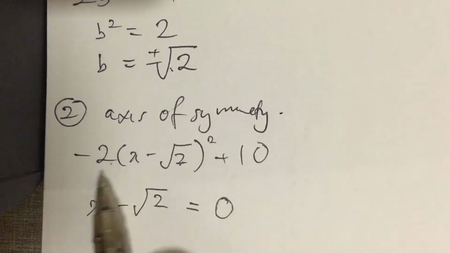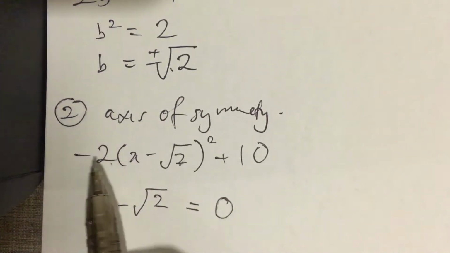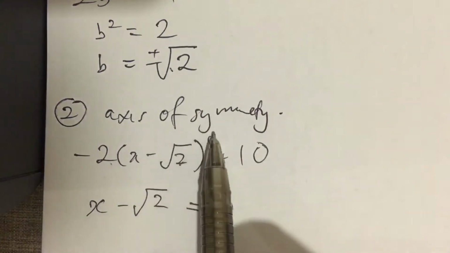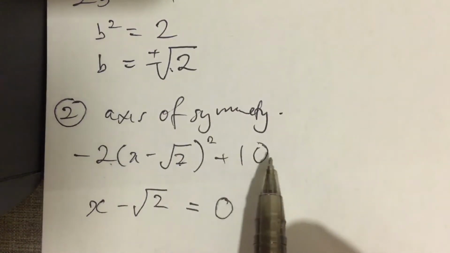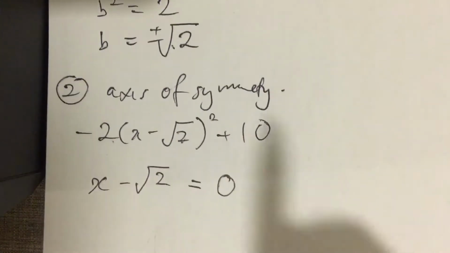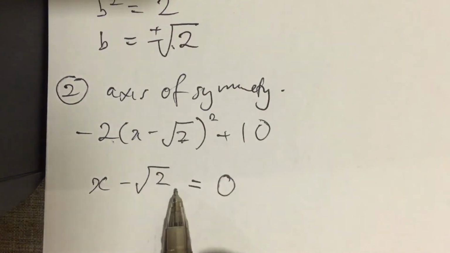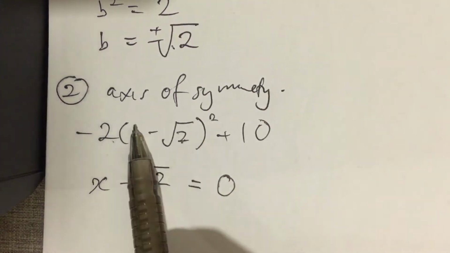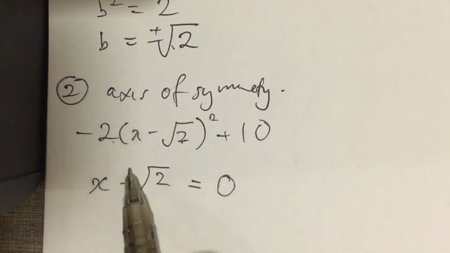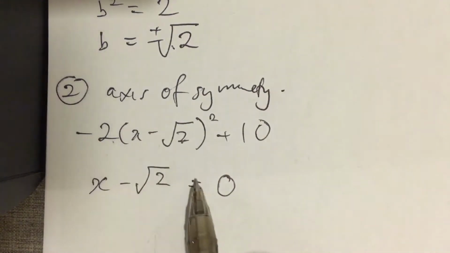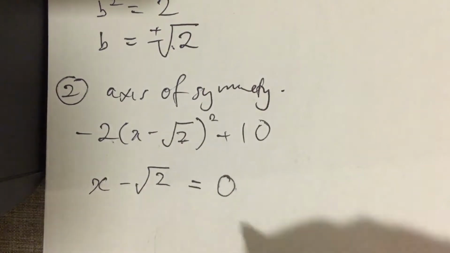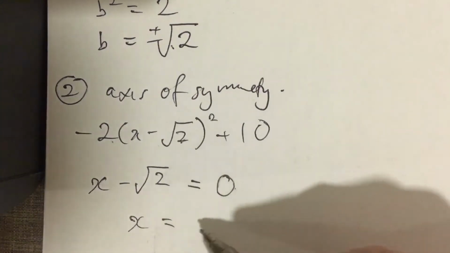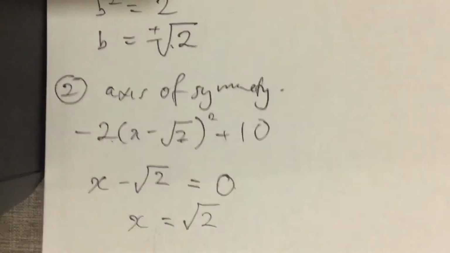When they give you this kind of quadratic function, they put -2, then a bracket, then they square it, then they add the c, which is the number 10 here. All you need to do is take the thing within the squared bracket, take it out like this, and equate it to 0. So then your axis of symmetry is the square root of 2.